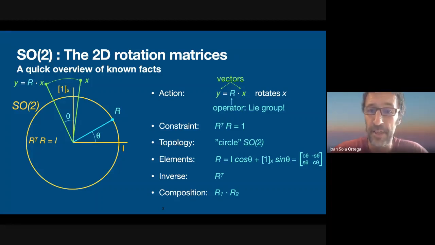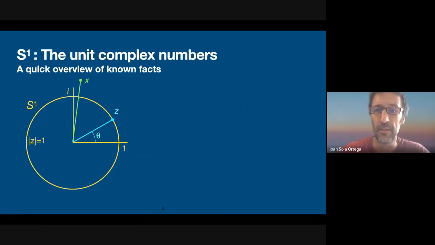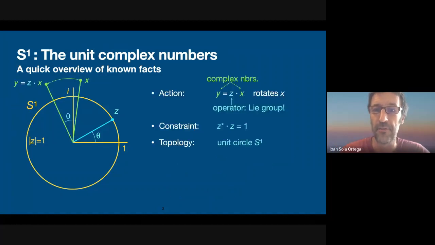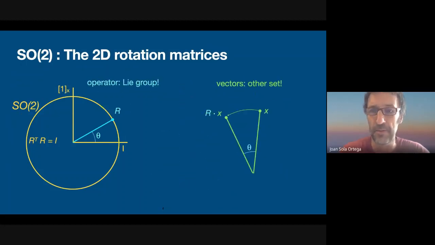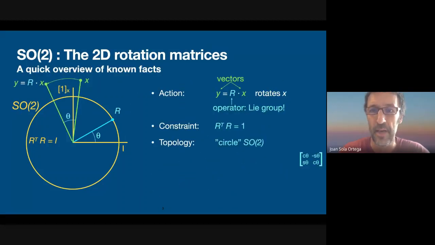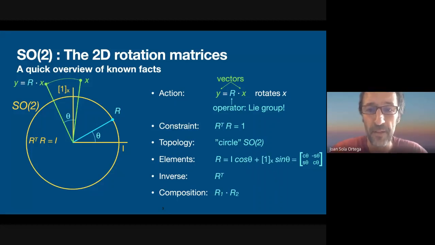The constraint over R is R transpose times R equal to 1. Very similar to the constraint I wrote for unit complex numbers, z conjugate times z equal to 1. Now we have R transpose times R equal to 1. The topology is also a circle, but now we have to be a little bit careful because R are 2 by 2 matrices, and what does it mean to be in a circle?